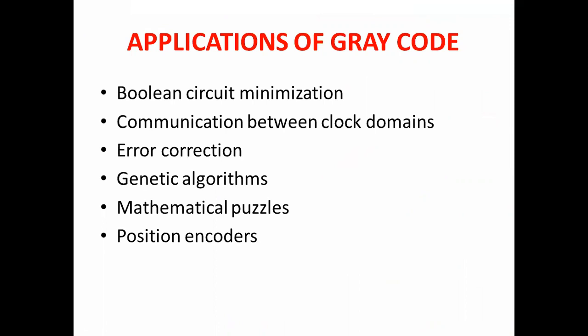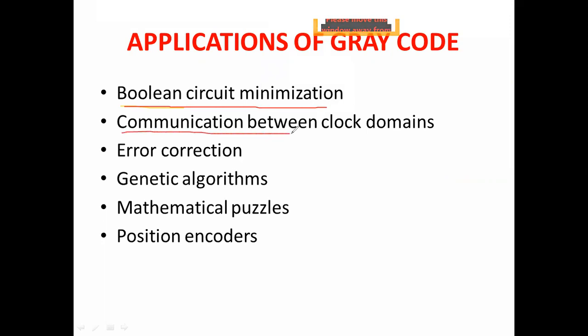The applications of gray code may be an important question in competitive examinations or university end semester examinations. One application is reducing given Boolean expressions, which is a very important thing. Based on this, we can reduce them by using the Karnaugh map.